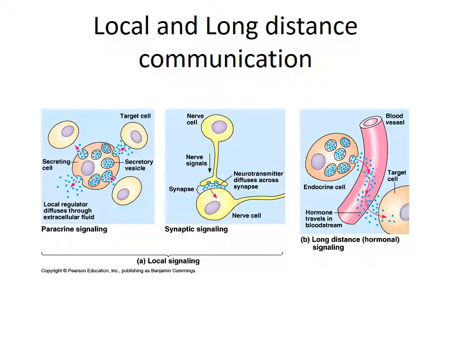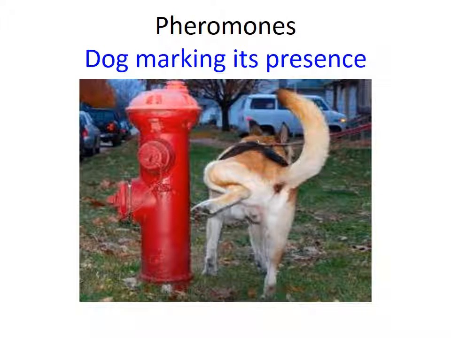Now, there are other ways that signals can be transmitted over long distances, and I'm talking about it can be miles, such as by pheromones. These are chemicals that are secreted by animals, and they're released into the air. Your dog marking its territory, in this case, such as this fire hydrant, is a form of long distance signaling.